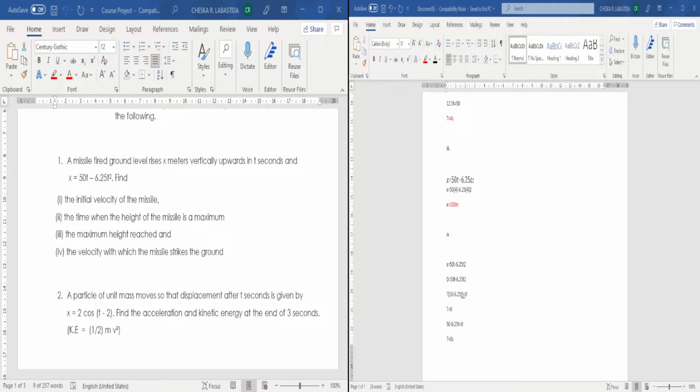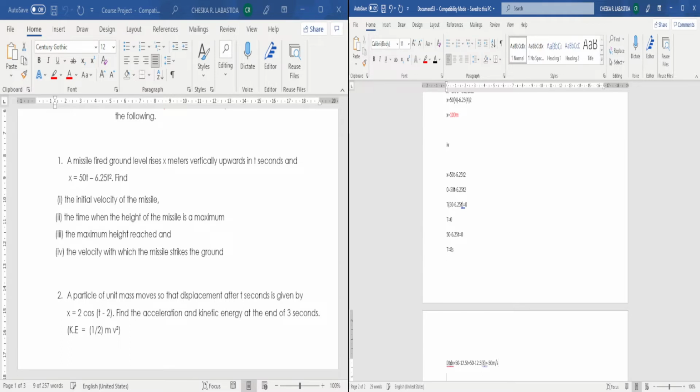So let's solve that one. 50 minus 12.5t, and then t will become 8, and that will bring us to negative 50 meters per second.